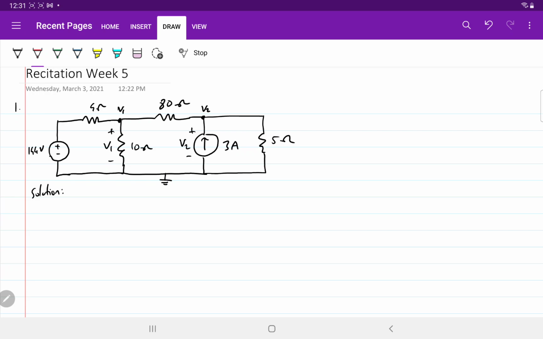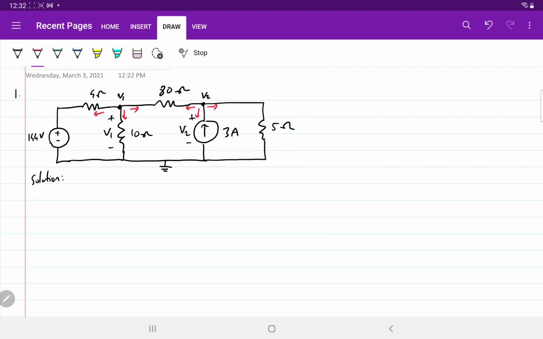So in node voltage, we define the direction of the currents as going out from that node. This is for node 1 and this one is for node 2. The sum of these currents should be zero based on Kirchhoff's current law.